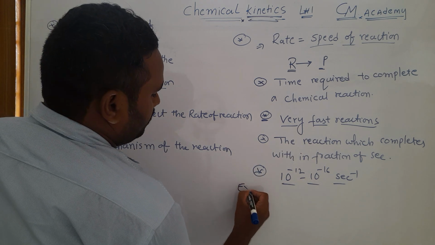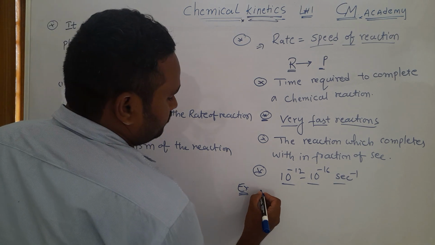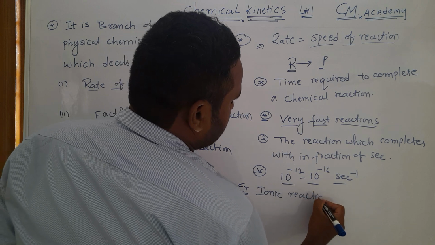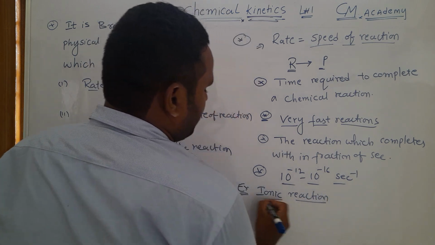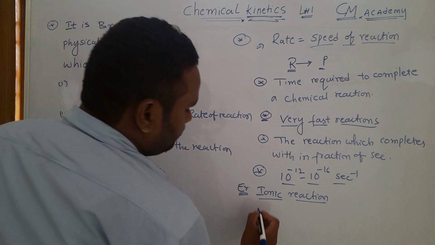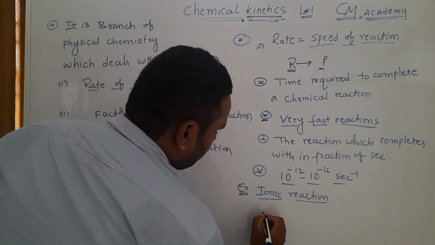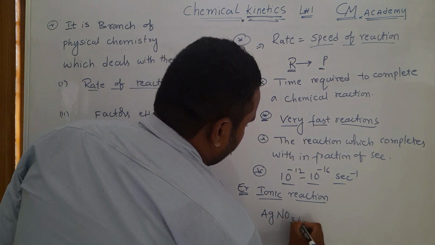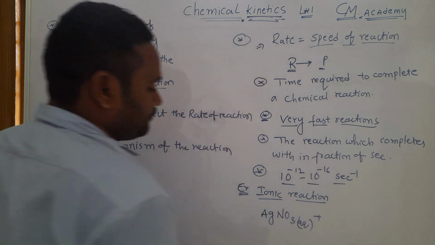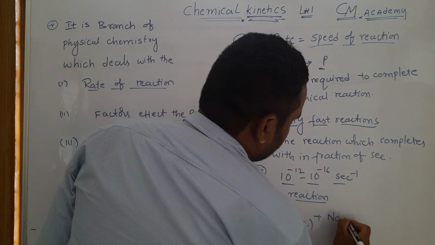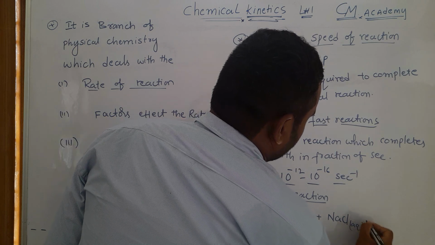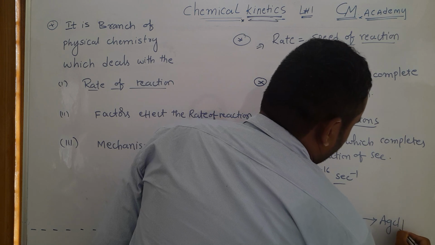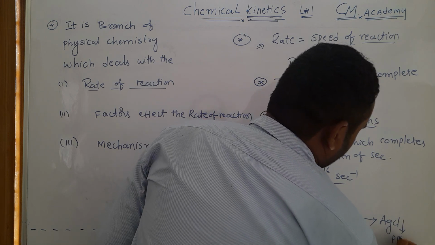So here we can take examples of very fast reactions, that is ionic reactions. Ionic reactions are very fast reactions. For example, AgNO3, silver nitrate in the aqueous medium, plus NaCl in the aqueous medium, they react together. They produce AgCl, a white precipitate, PPT.